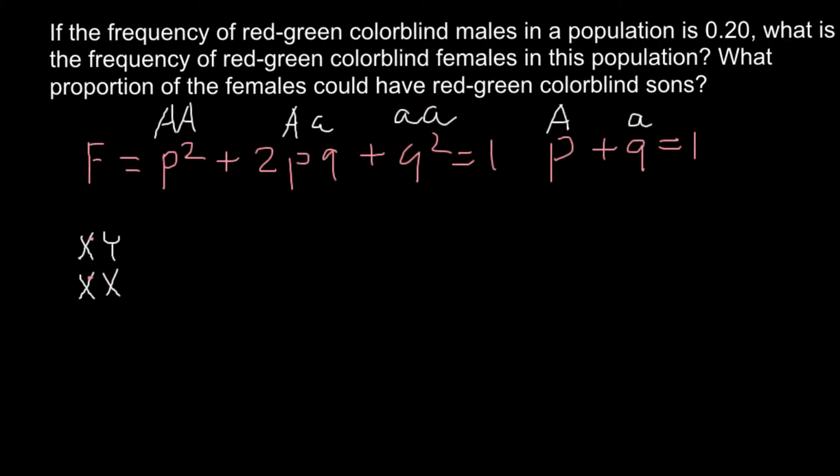So if the frequency of this genetic disorder in males is 0.20, and by the way, there can be two scales. On one scale this can be between 0 and 1, and on another scale it can be between 0 and 100%, so 1 would equal 100%.